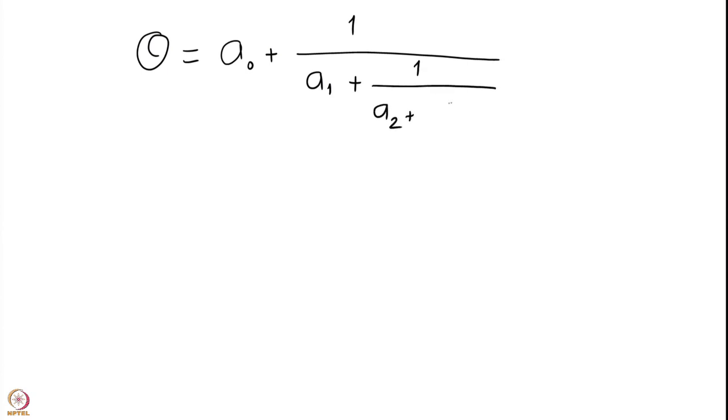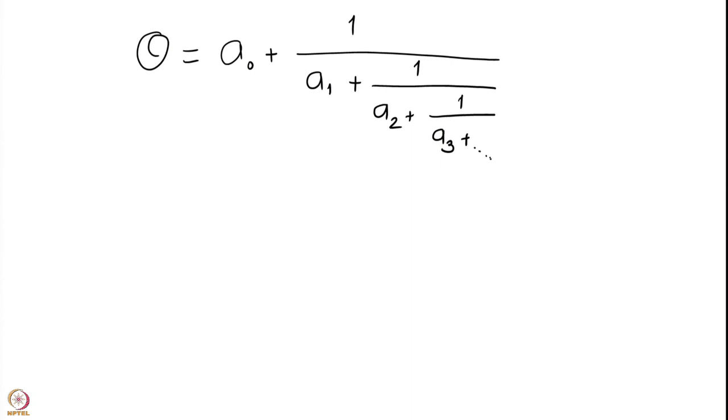We have written every theta as a0 plus 1 by a1 plus 1 by a2 plus 1 by a3 and so on. This is the continued fraction expansion for our real number theta.